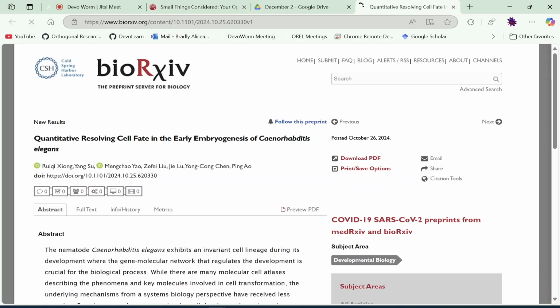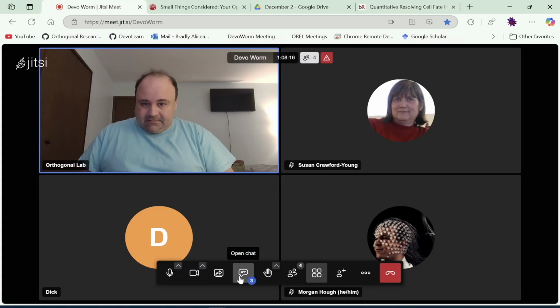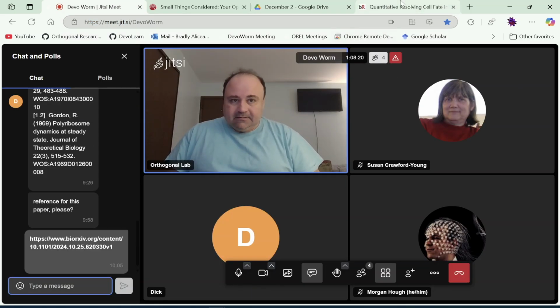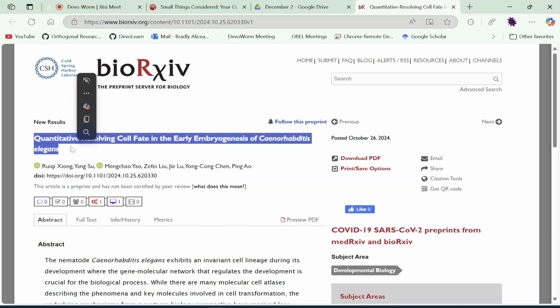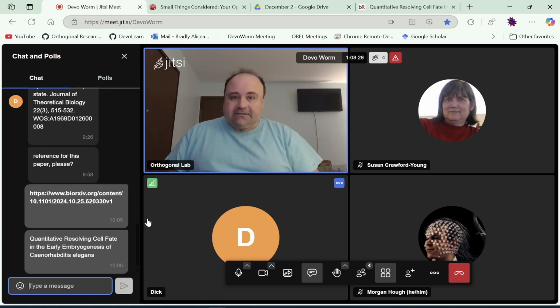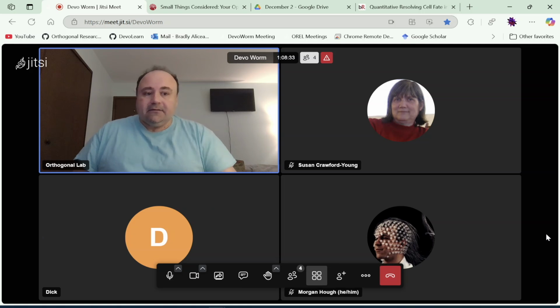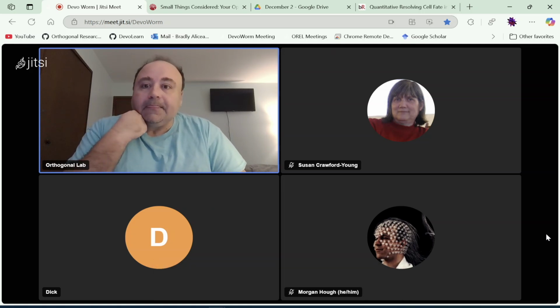I'll just pull up the link here. And this is Quantitative Resolving Cell Fate, the Early Embryogenesis of C. elegans. There it is. Okay, yeah, so that's that paper.